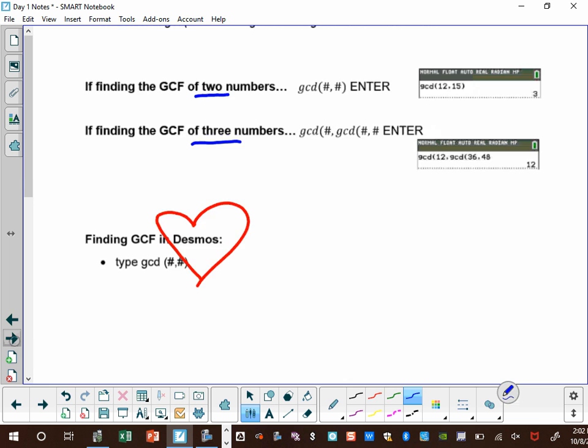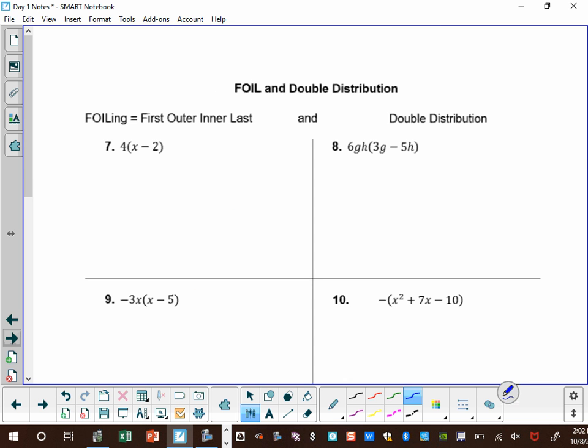Alright, so now we're going to FOIL and double distribute. We're going to skip around because then you're going to have some problems to do on your own. I'm going to zigzag, I think. Alright, let's start with number 7.